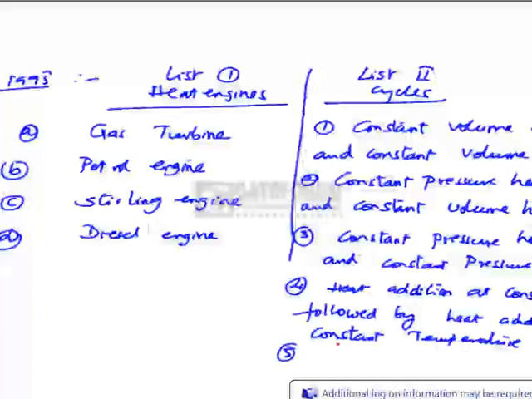Number 5, heat rejection at constant volume followed by heat rejection at constant temperature.